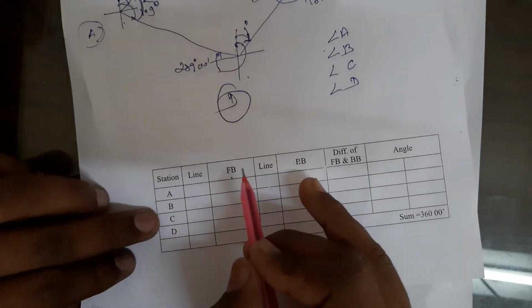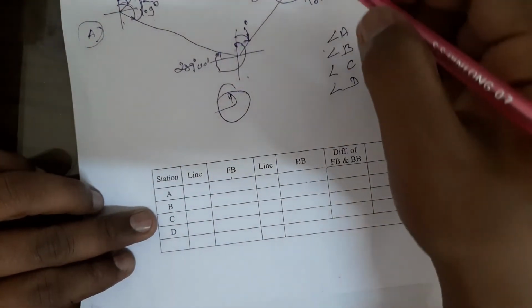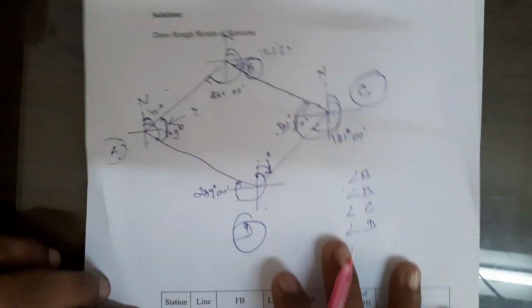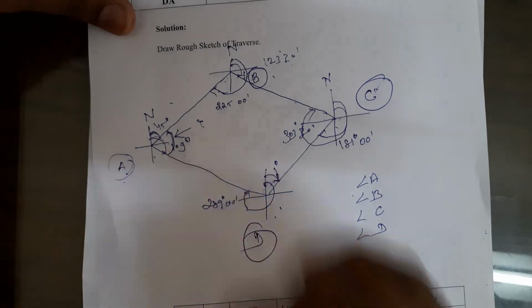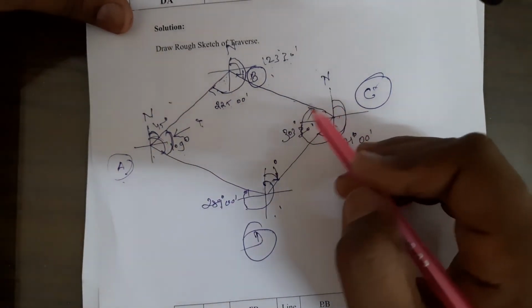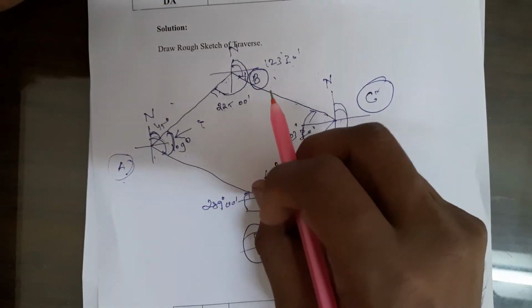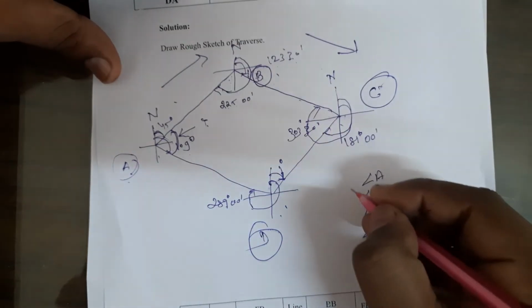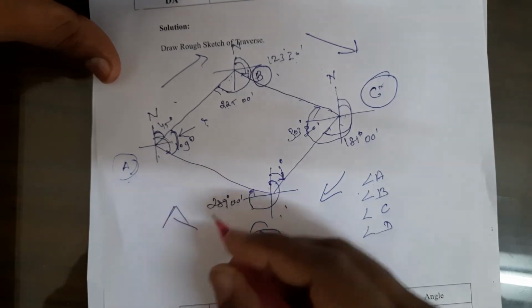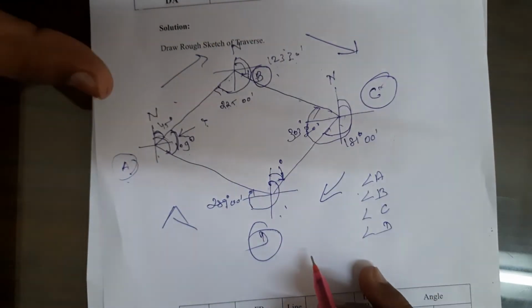Now for forward bearing, what is station A's forward bearing? The line goes in the forward direction, that is station number 1, 2, 3, 4. In a forward direction, any bearing measured is called forward bearing. So go in this direction: station 1, station 2, station 3 and station 4. This is your forward direction.